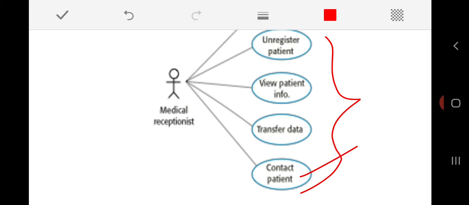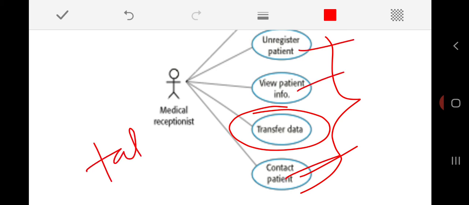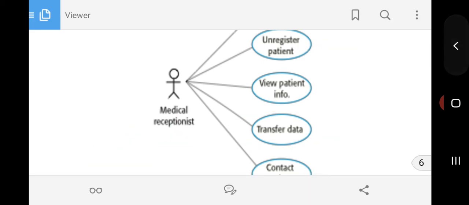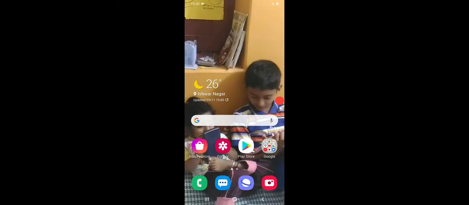Just like what we have explained in the tabular description for transfer data, similarly we have to explain all these other interactions also in terms of a tabular description. So every use case should come with the support of this tabular description, which will help us to understand the overall requirement, and also help us to identify new requirements.